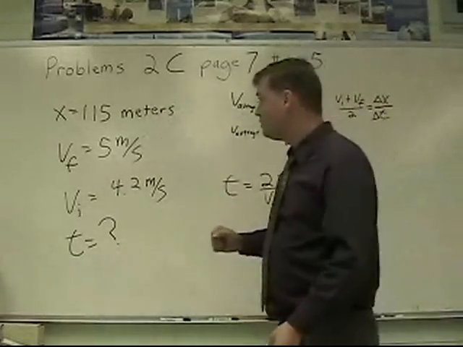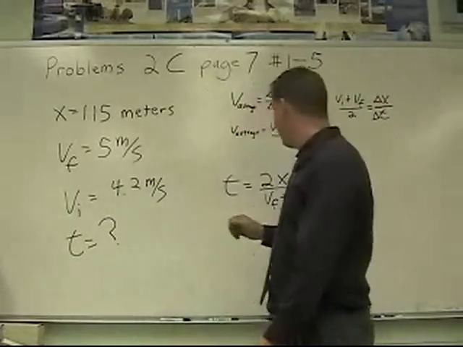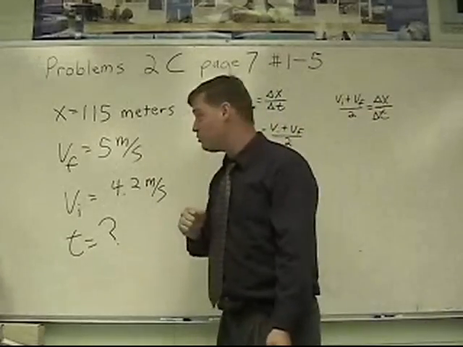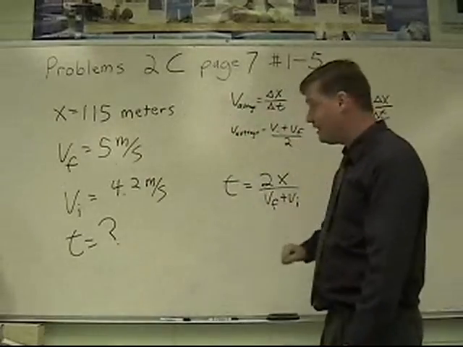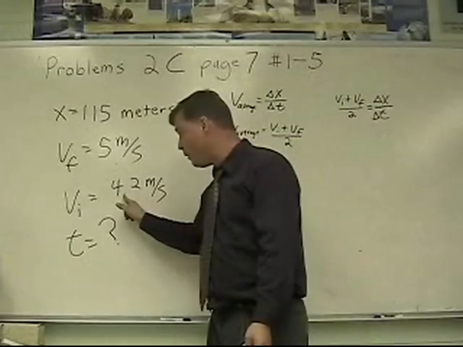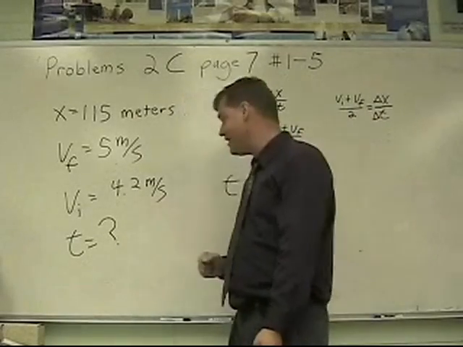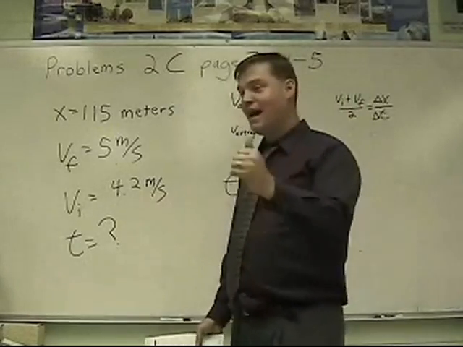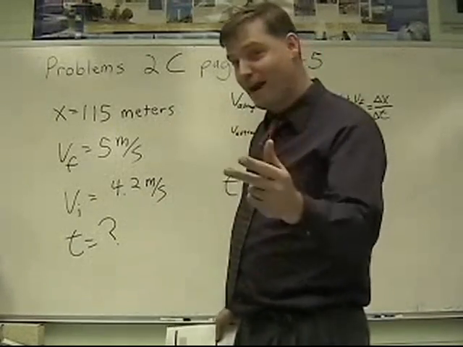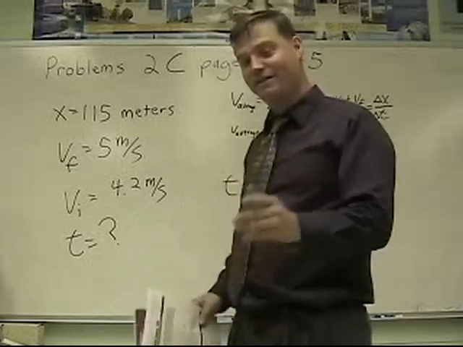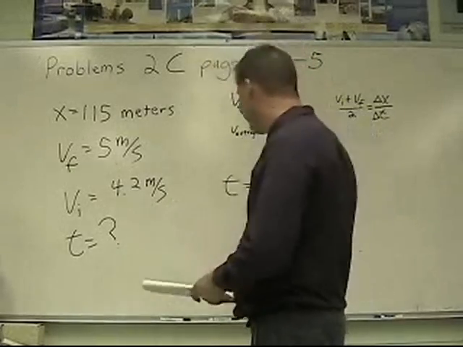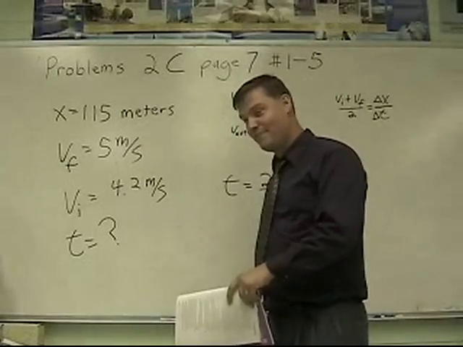Taking our numbers, 115 meters for x, 5 meters per second for our final velocity, plus the 4.2 meters per second for our initial velocity, we can plug, chug, and crank out our answer. Go ahead. Take your time. Is everyone caught up with me now?